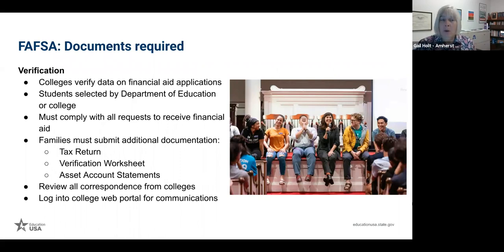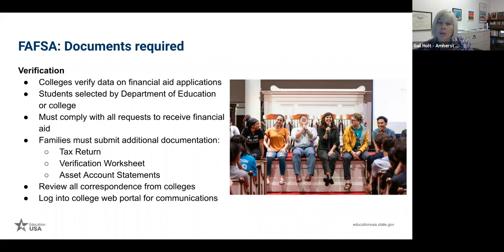In terms of documents that are required for the FAFSA, the FAFSA itself is the main application, but it is not the single start and stop. Colleges and universities are required to verify data that's on that application, and some students are selected for a process called verification. It doesn't mean there's anything wrong or that there's a problem. It just means that institutions need to ask for some additional information. Much, as we said, it could be tax documents, such as a tax return.